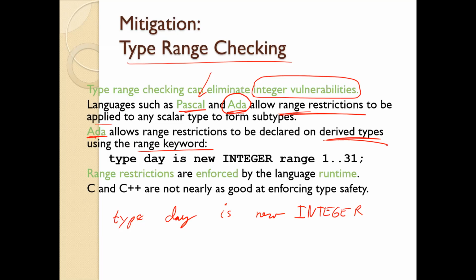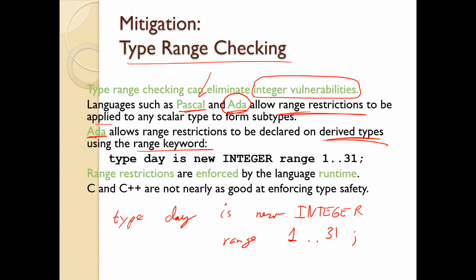It is built in there that you do the range checking. So in this case, the range only accepts values between 1 and 31. Okay? And so that's a way to do it. Range restrictions are enforced by the language runtime.